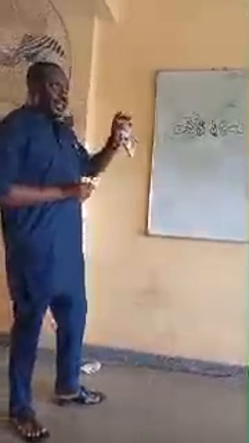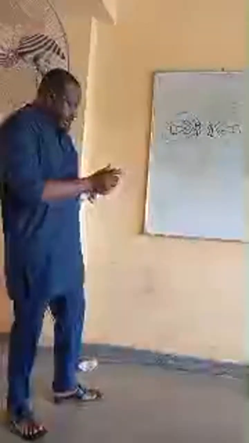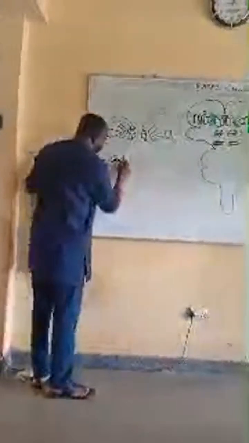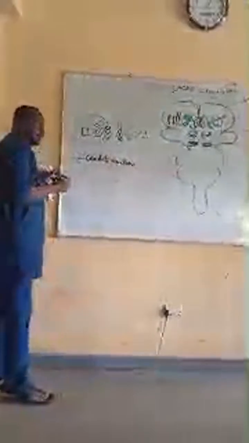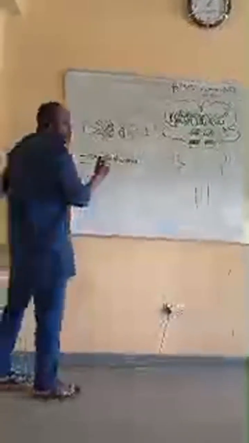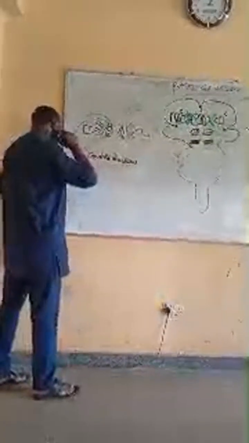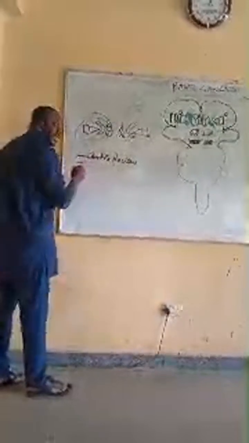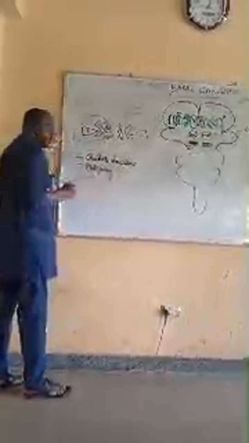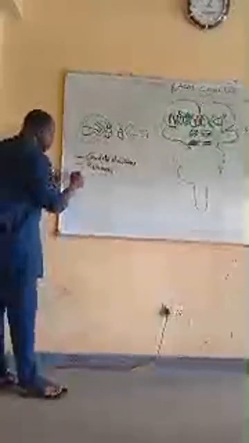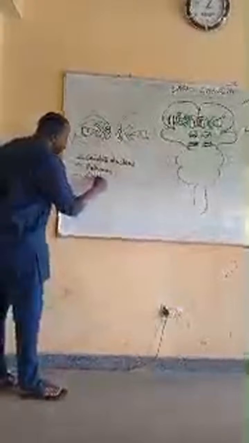Now, the components of the basal ganglia are what? The first one is the caudate nucleus. Are you there? The second one is called the lentiform, the putamen. The third one is called the globus pallidus.